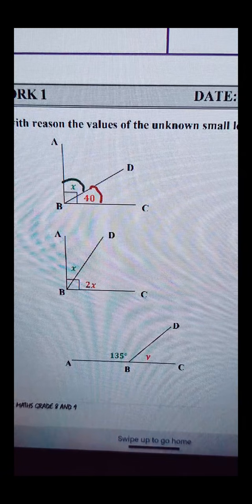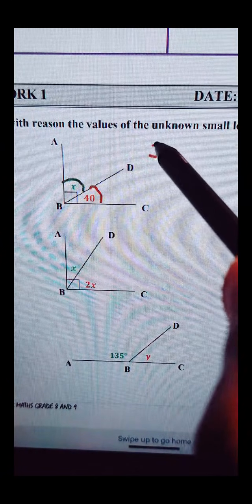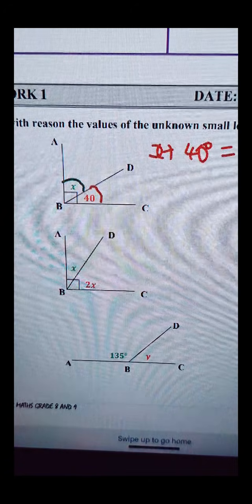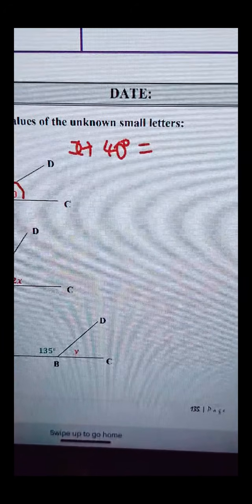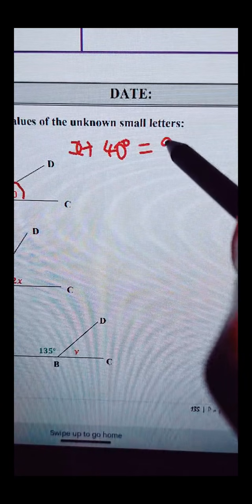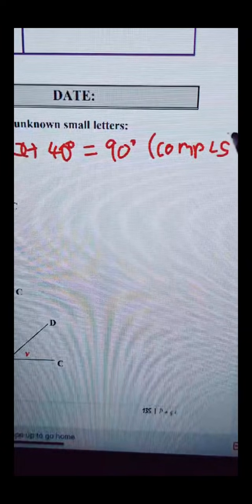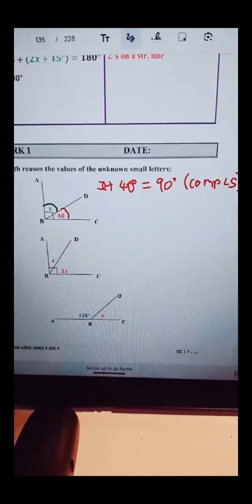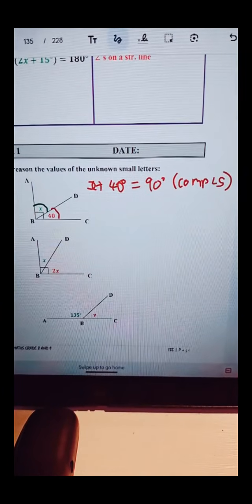So when we set it up, we say x plus 40 degrees is equal to 90 degrees. Our reason: comp angles, which means complementary angles.